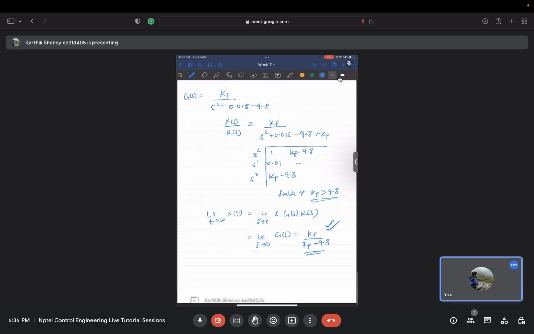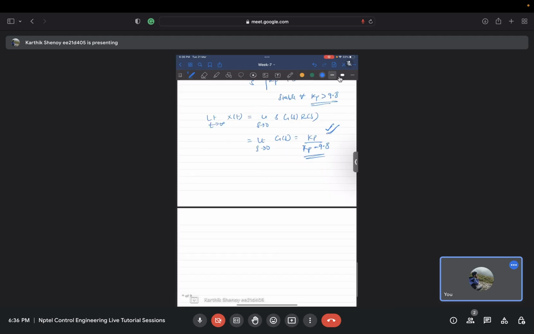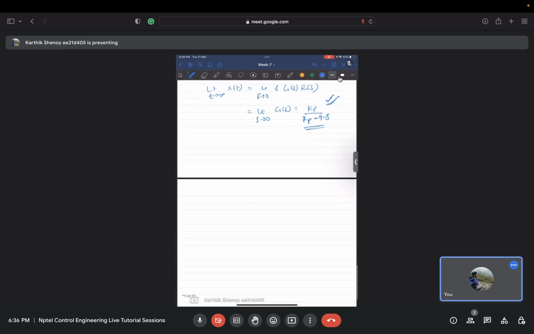So we'll have to add an integrator. But the problem with adding an integrator, I'll show you. Let's say we add an integrator, it will be Kp plus Ki by s, over s square plus 0.1 s minus 9.8.